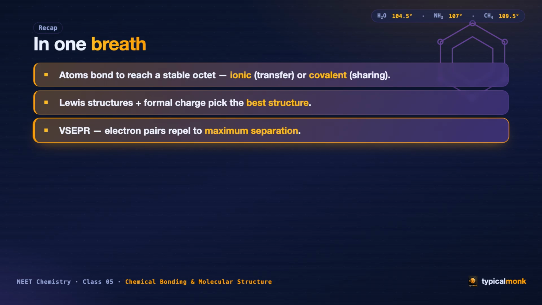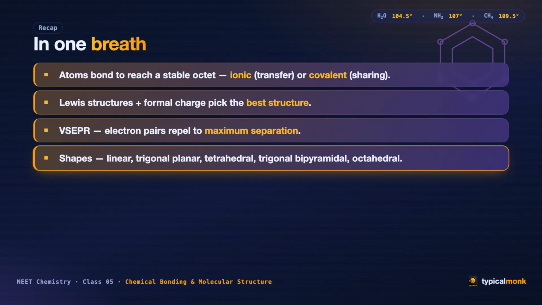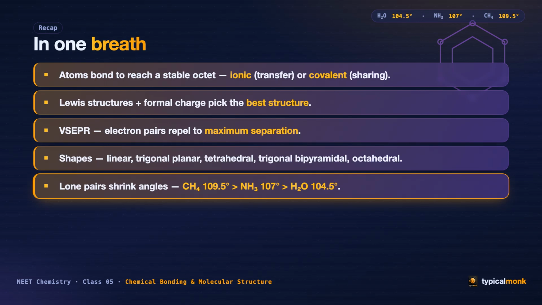Electron pairs repel and spread to maximum separation. The family of shapes: linear, trigonal planar, tetrahedral, trigonal bipyramidal, and octahedral. And lone pairs shrink the angles. Methane at 109.5 degrees, greater than ammonia at 107 degrees, greater than water at 104.5 degrees.